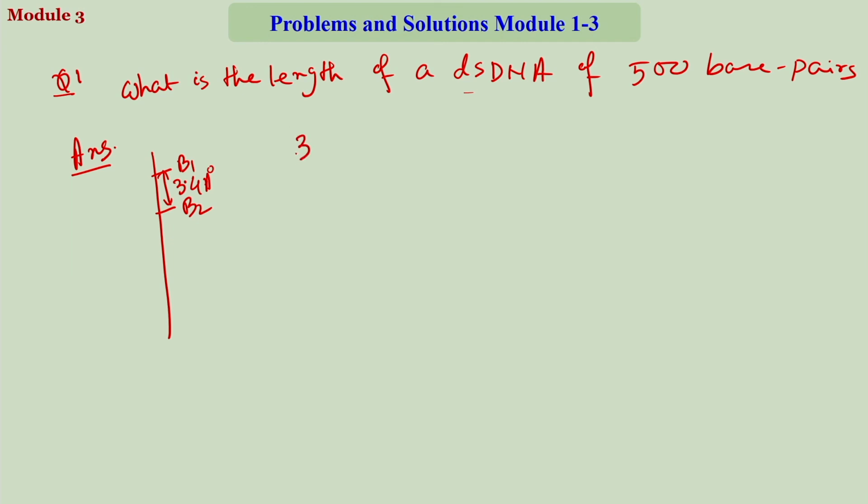Therefore, your answer will be 3.4 multiplied by, since you have 500 nucleobases, 500 minus 1, if you want to be really accurate, that many number of distances will be there.